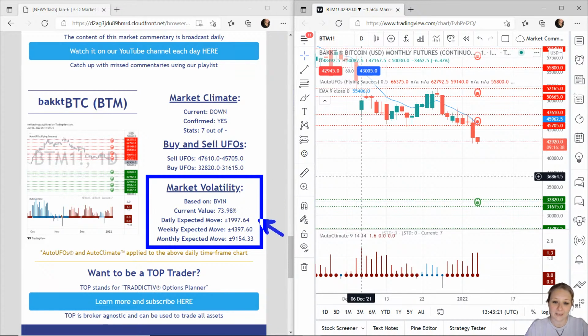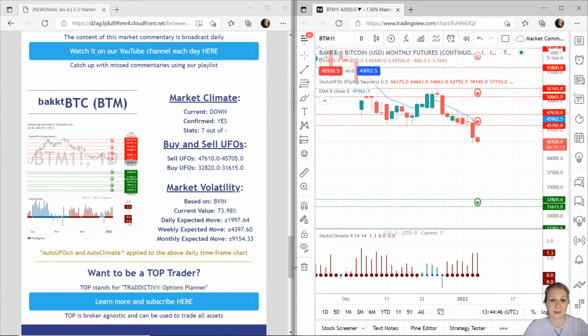So in a day, that is 1,997.64 points, or this is against the US dollar, so call it that amount of dollars worth of movement. In a week, it would be 4,397.6, and in a month, it would be 9,154.33. So again, that's movement up or down within those given periods of time.